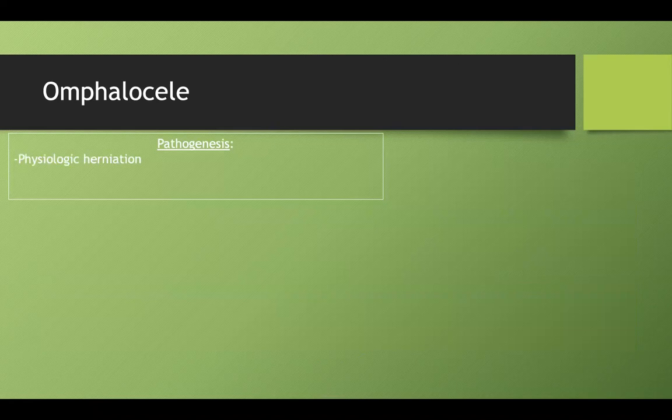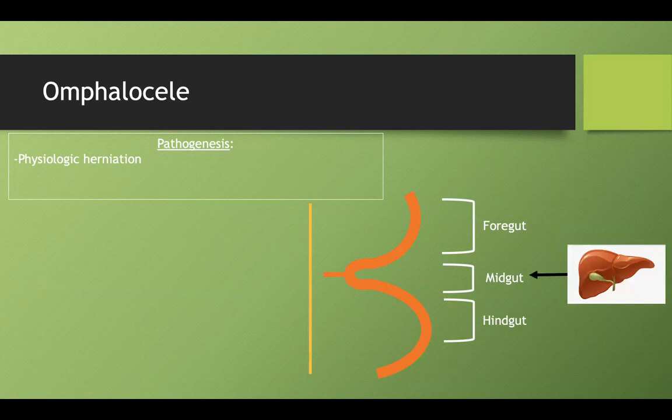So how this works is that in general, as our abdomen grows and our liver grows, our liver pushes our midgut and causes what's called a physiologic herniation. And normally this happens and we have a little bowel rotation. And then as our abdominal cavity gets bigger, our bowel will come back into our abdominal cavity.